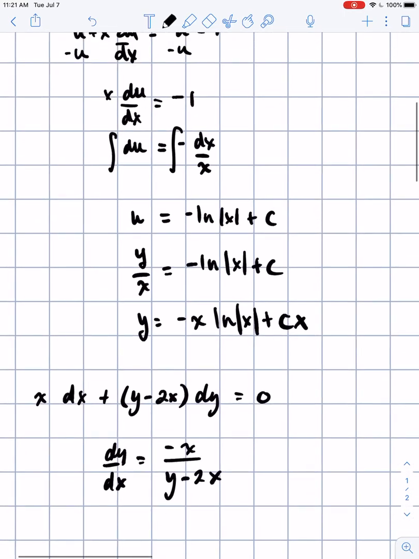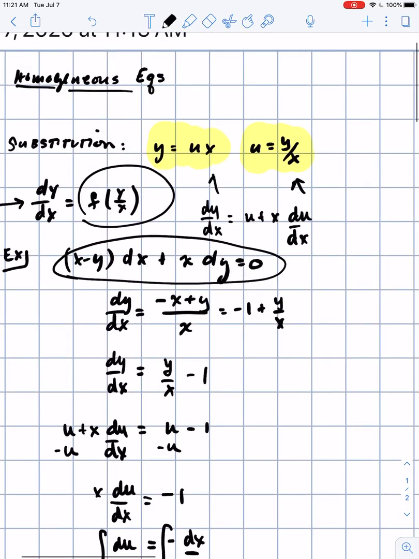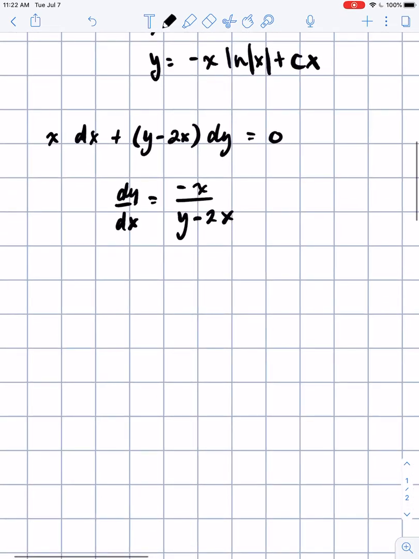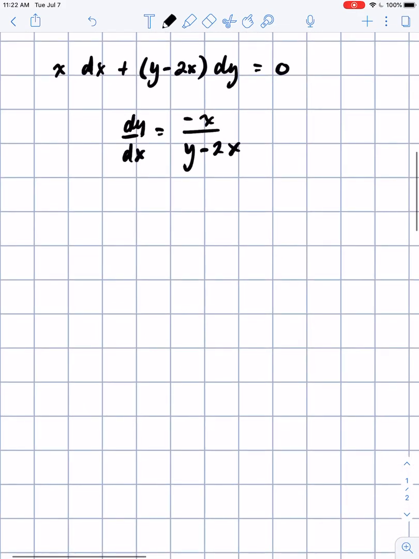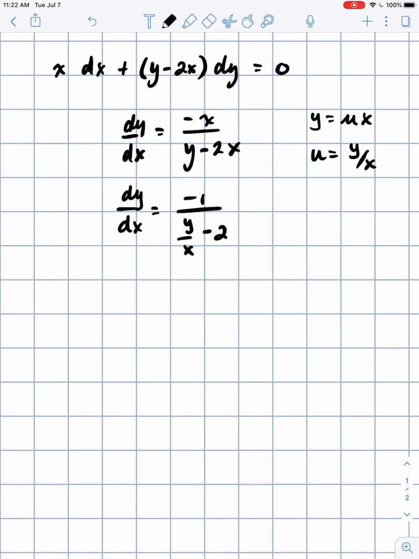All right, so again we want to use this: y is equal to some variable times x. So y is equal to ux, and then we know u is equal to y over x. So let's get this to look like a function of y over x. I'm going to divide everything by x. So I get dy over dx equals negative 1 over y over x minus 2.